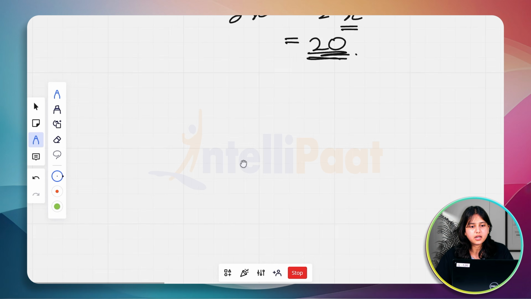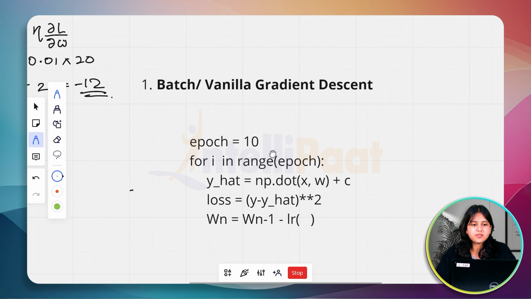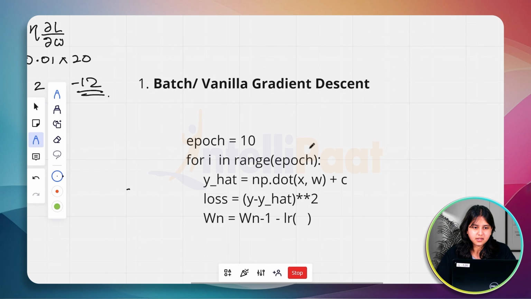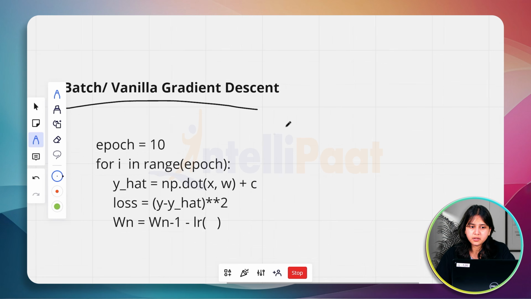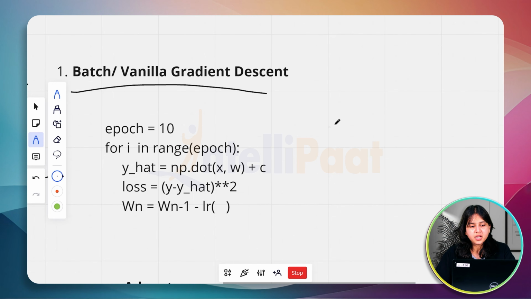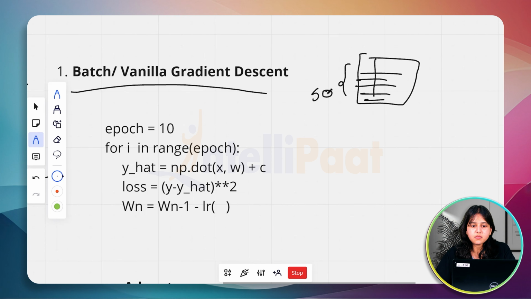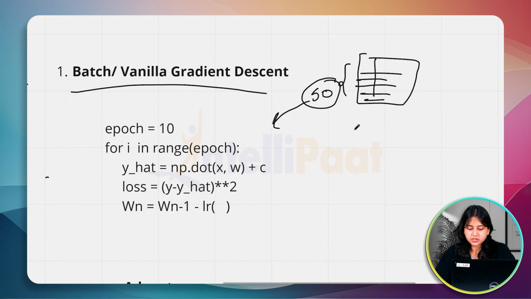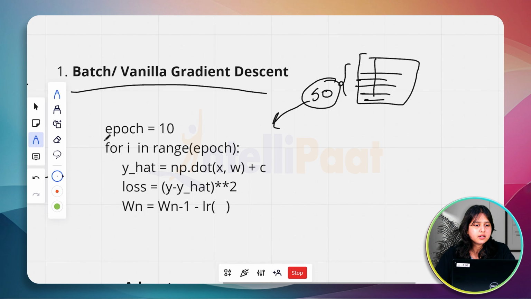Now let's go ahead and dive deeper into the types of gradient descents, right? The first one is batch or vanilla gradient descent. So this is the most basic gradient descent available in PyTorch, right? So what happens here is the entire data set. Suppose we have a data set containing 50 rows, or you can say 50 data points, right? So these entire 50 data points will be passed at once in our function. So we have here is epochs.